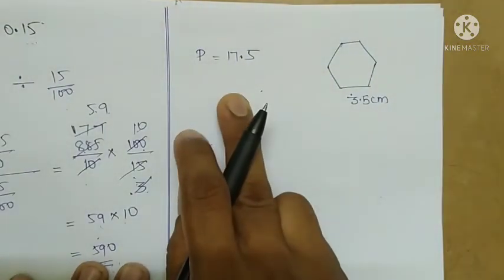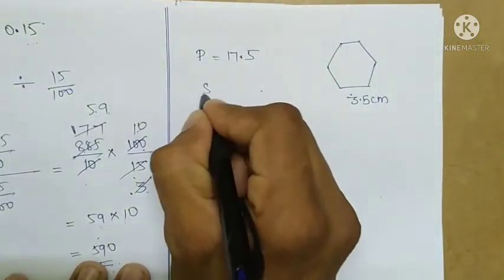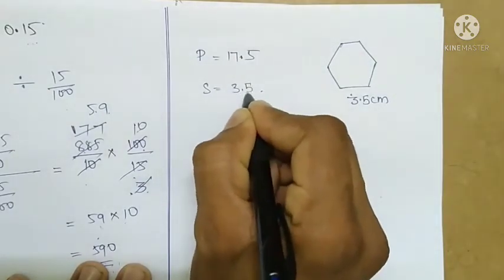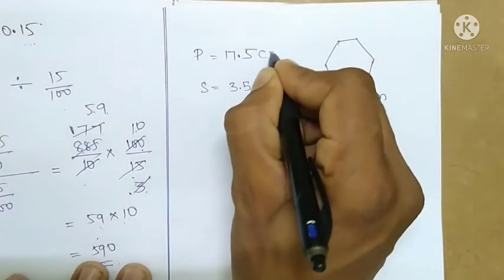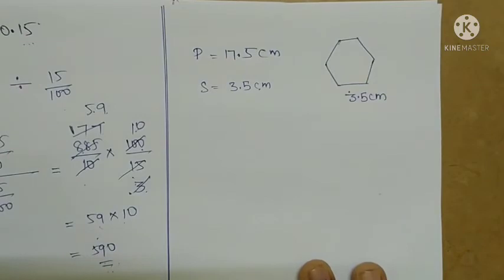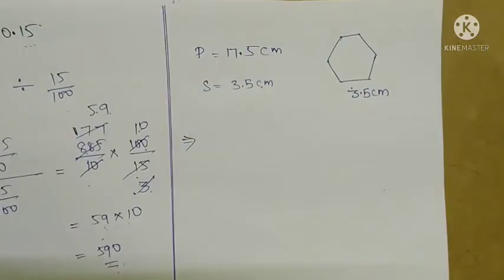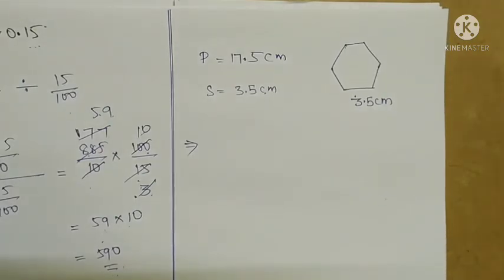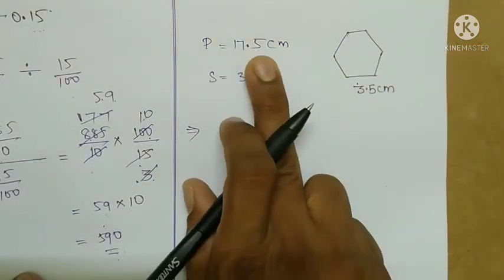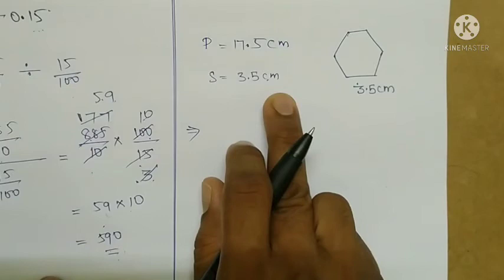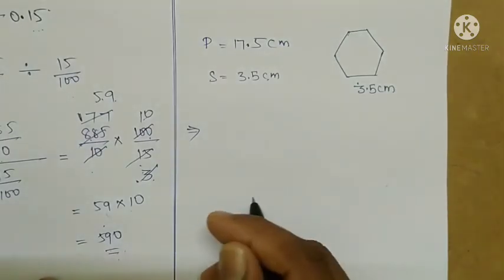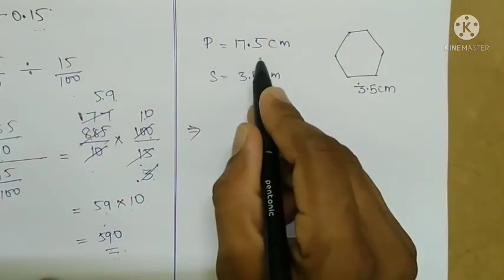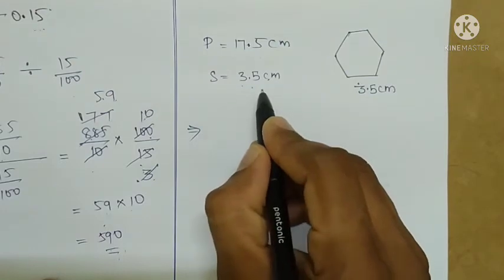Side is 3.5 centimeters. So here we have to find how many sides the polygon consists of, right? The perimeter is 17.5, the side is 3.5. So here we have to divide 17.5 by 3.5.